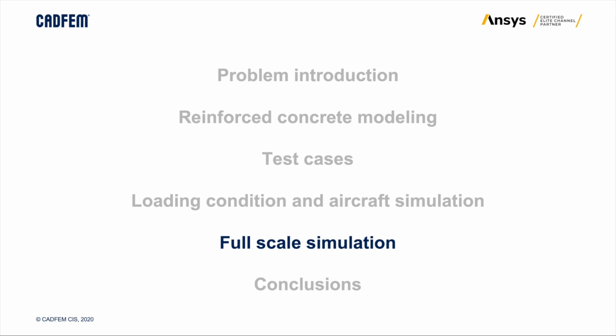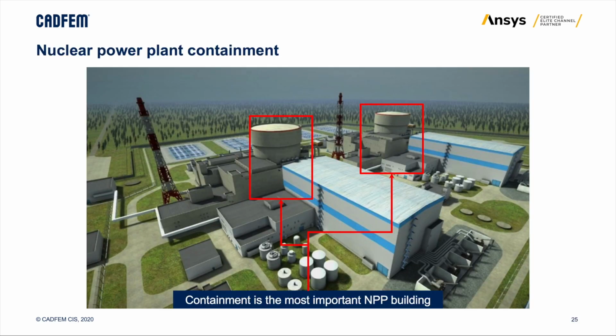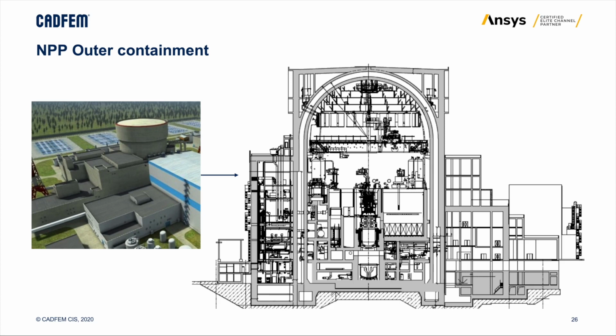Now we can talk about full-scale simulation, since we can simulate concrete and aircraft. As I said on the first slide of my presentation, a nuclear power plant is a very huge and complex construction, and we will talk about the containment, the most important part of this building. You can see the cross-section sketch of the NPP containment, which can be divided into an outer containment and an inner containment part, connected together through the basement slab.